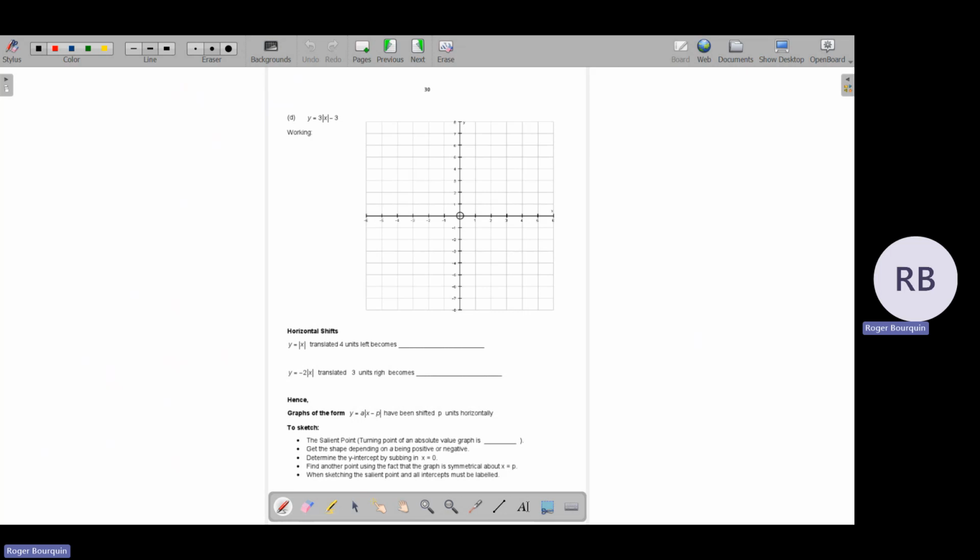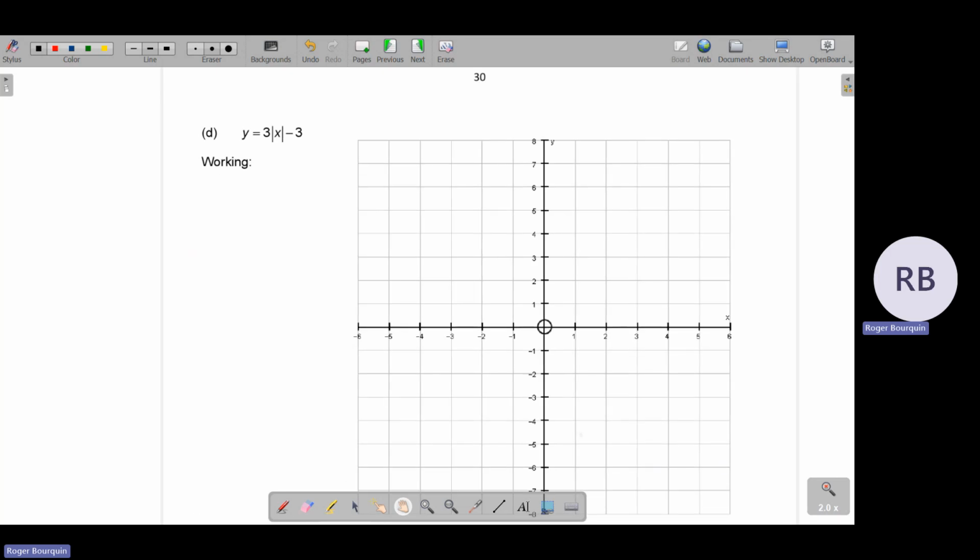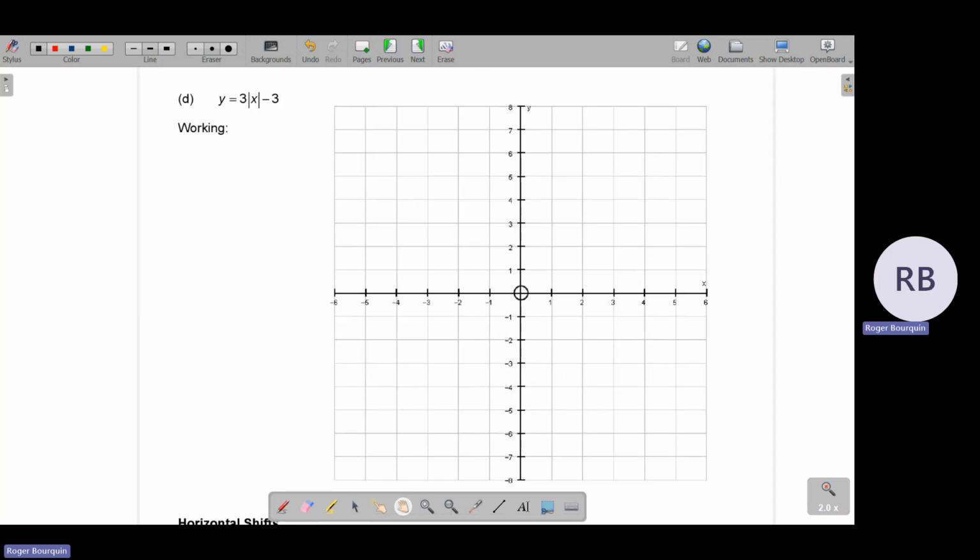Right, good to go, guys. Let's try the next one, please. Off you go. Okay, y equals 3 root x minus 3. Okay, we have 23 minutes.